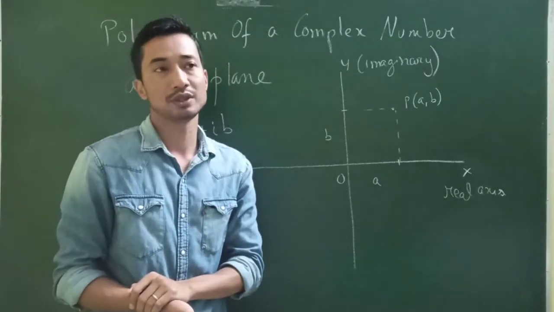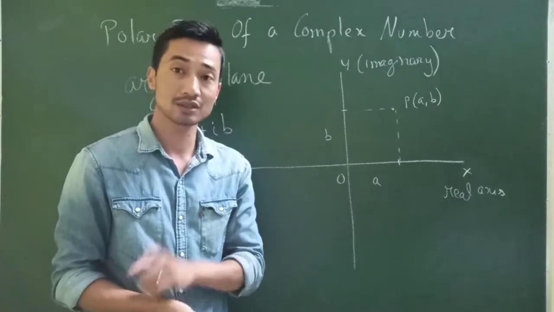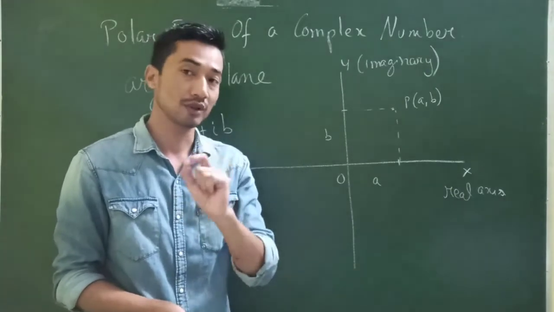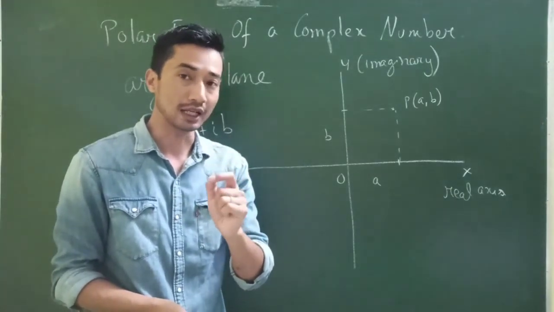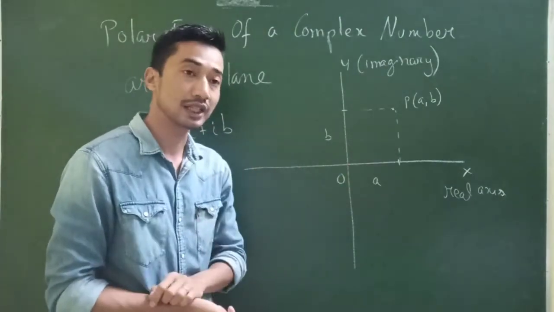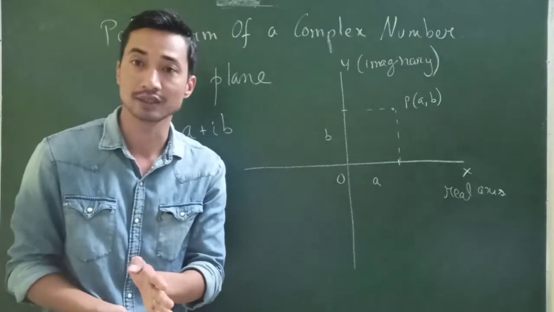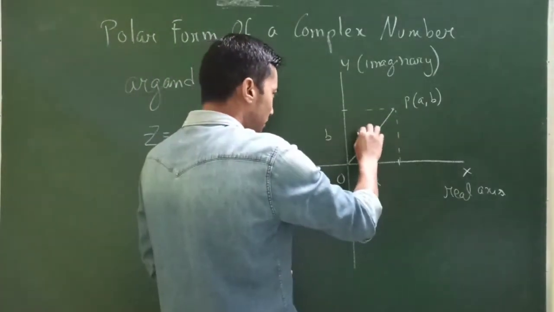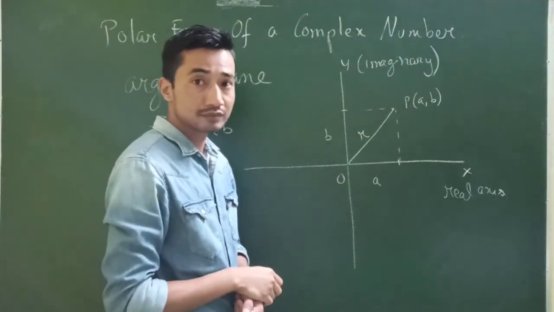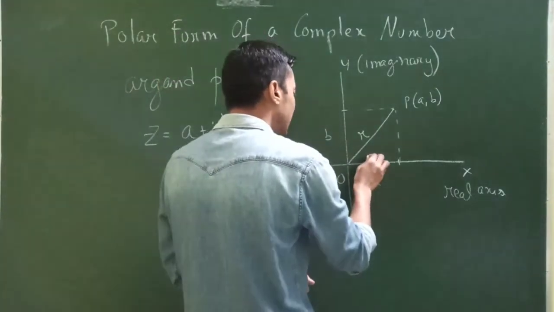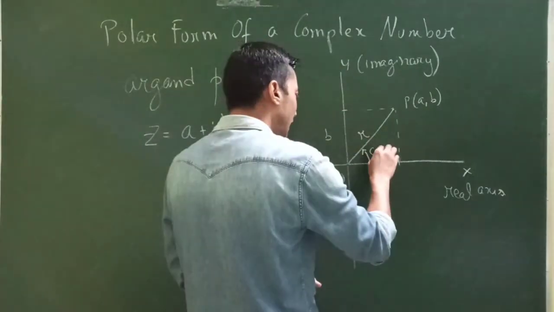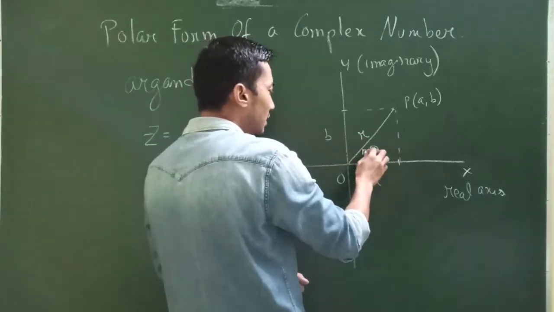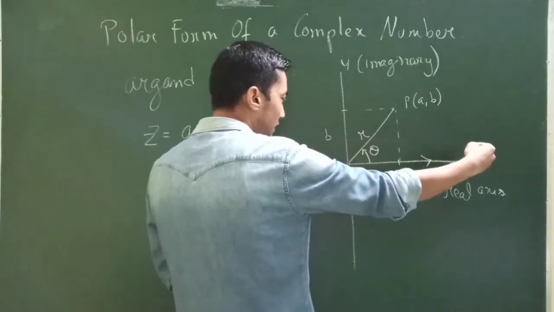If I happen to know the distance of the point from the origin, and at what angle with respect to the positive direction of the x-axis the point is located, that means the angle made by the line joining the point with the origin with respect to the positive direction of the x-axis.